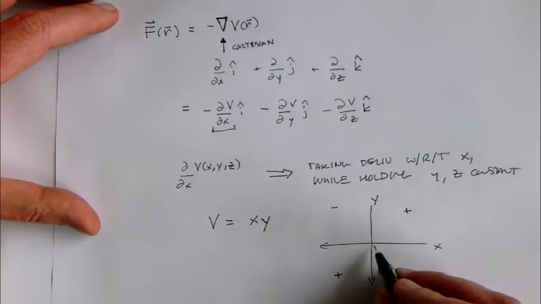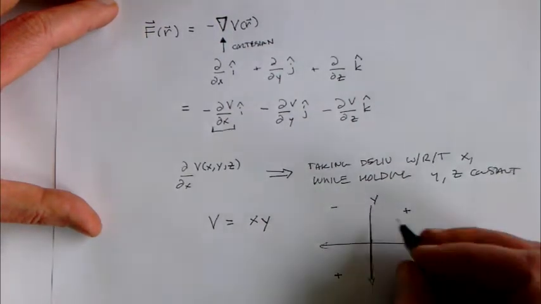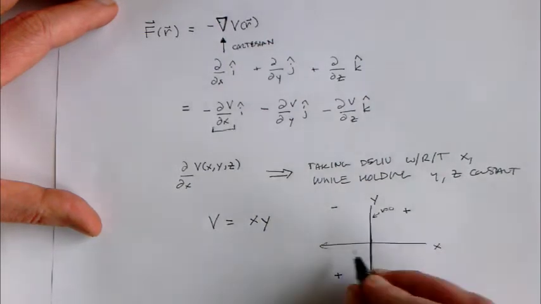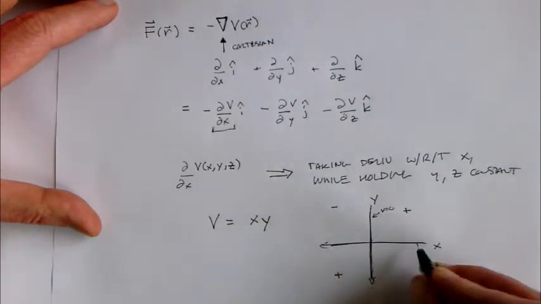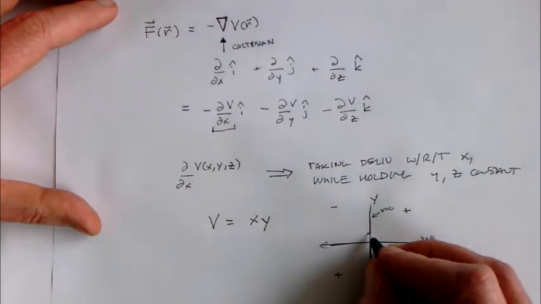When x is 0, right? So all along the y-axis, v is going to be 0, and all along the x-axis, v is going to be 0. And if I think about, say, choosing one particular value of y, so let's choose y is equal to 1.